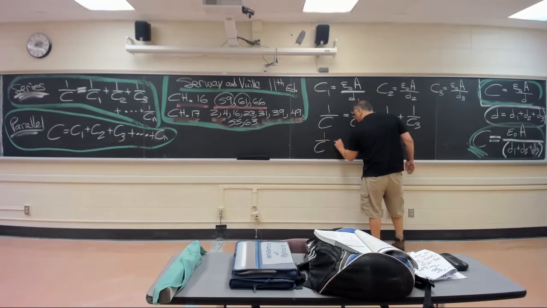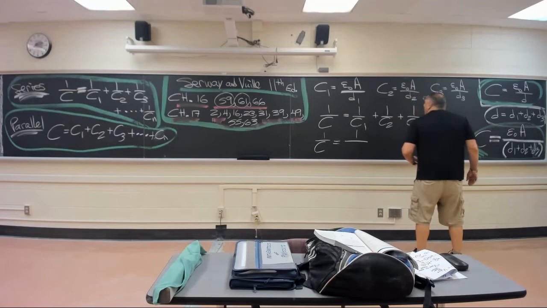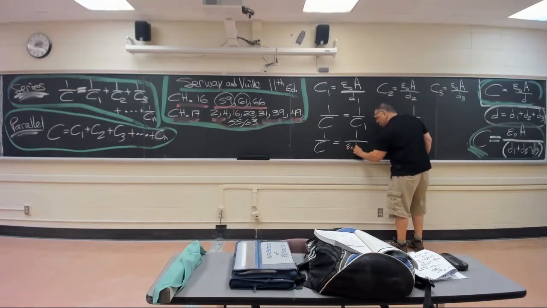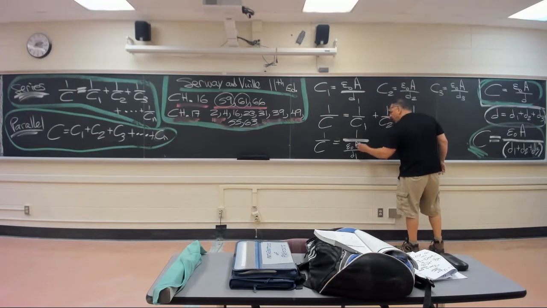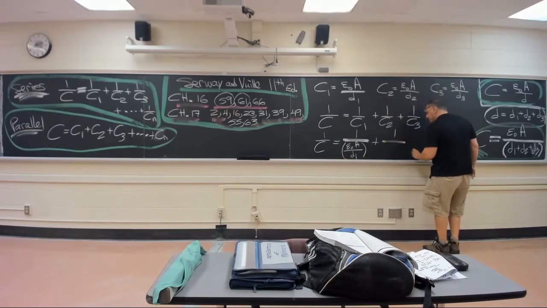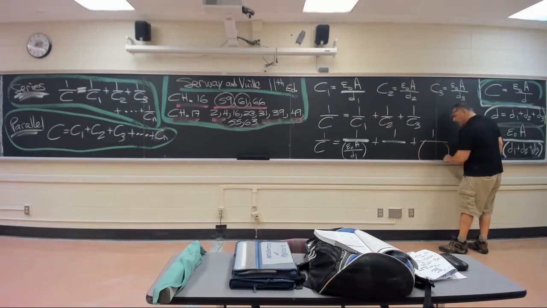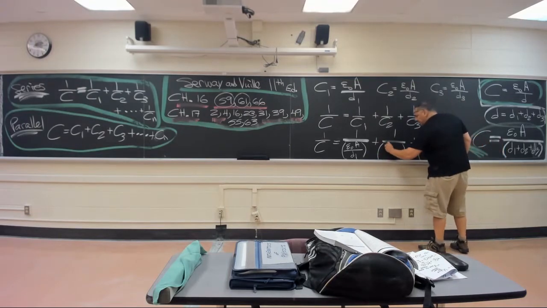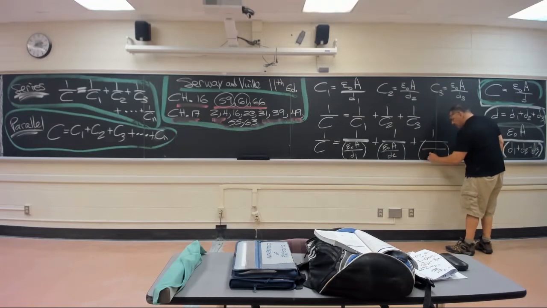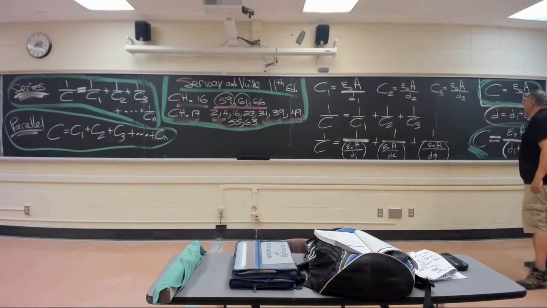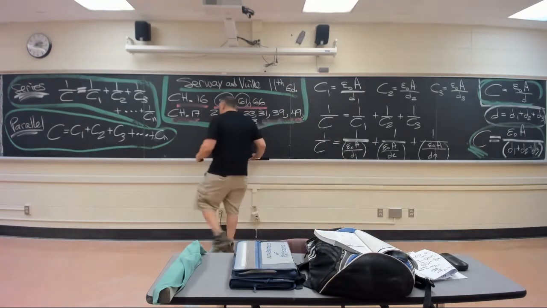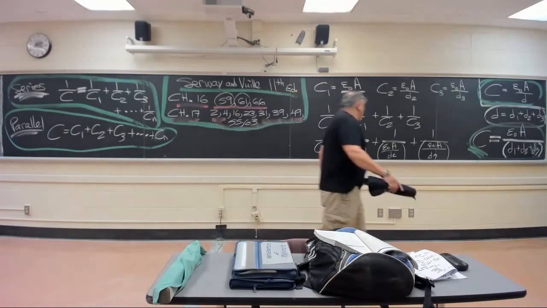Well, 1 over C is going to equal one over E naught A over D1, C1 on the bottom, C2 on the bottom here, C3 on the bottom here, and we're looking okay. All right, we got to make it look like that.